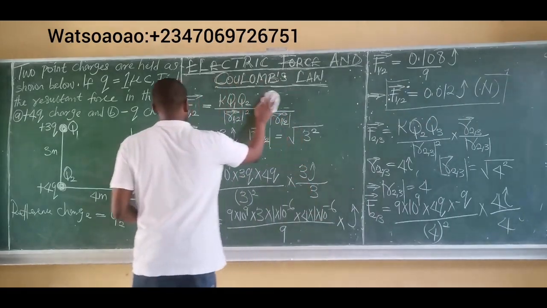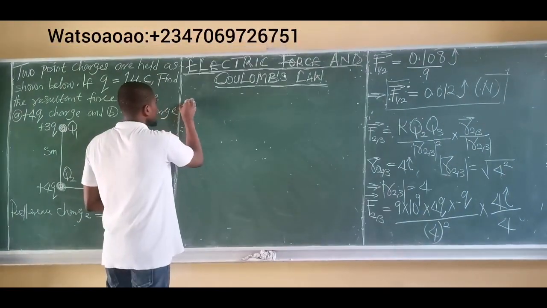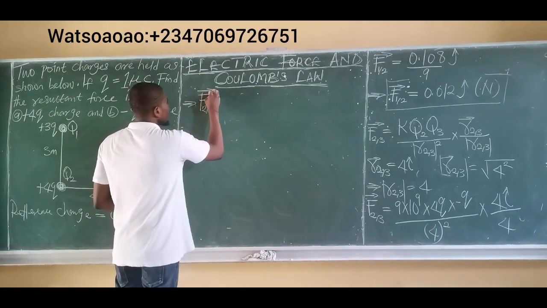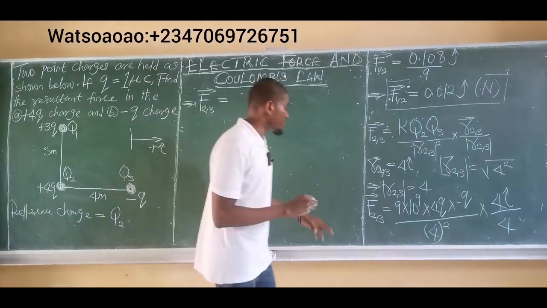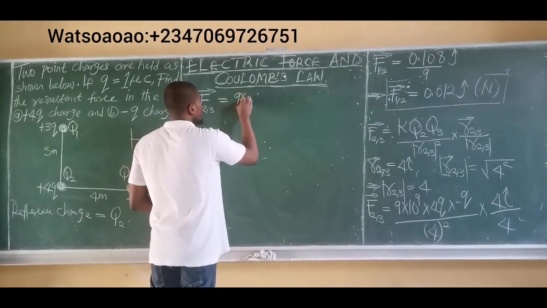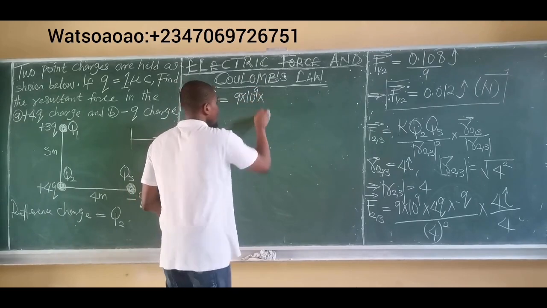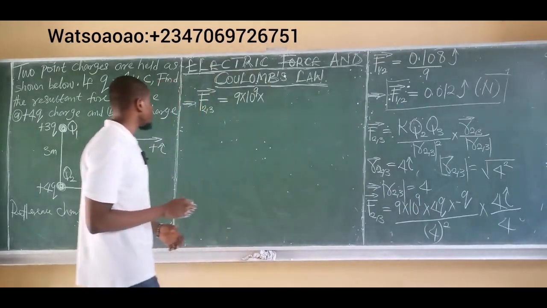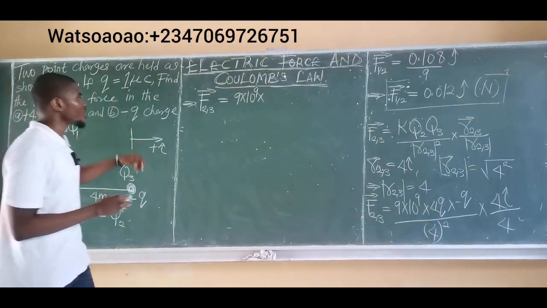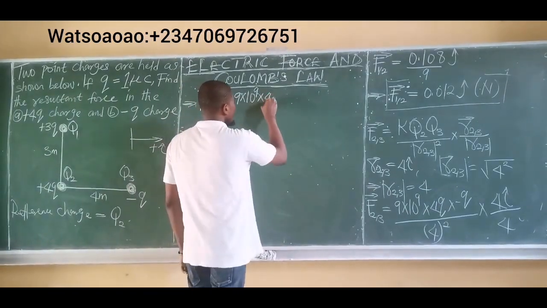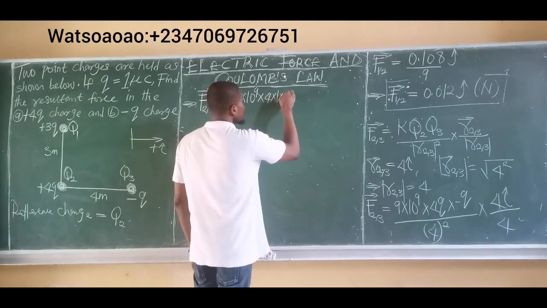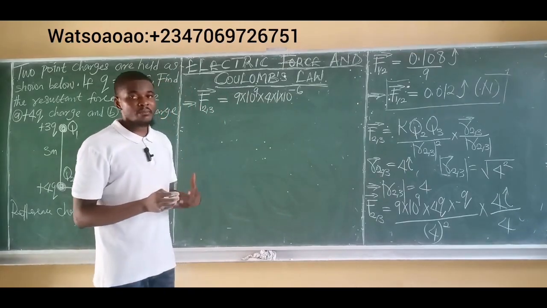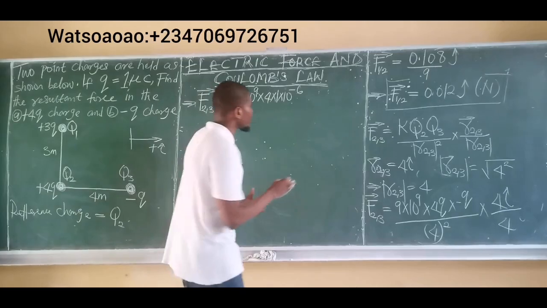So we can continue here. This simply implies that the force of attraction between charge 2 and charge 3 is now going to be equal to, so remember, 9 × 10^9 multiplied by, now we have 4Q, and remember from the question, Q was given as 1 microcoulomb. So 4Q becomes 4 times 1 × 10^-6, because 1 microcoulomb is 1 × 10^-6.